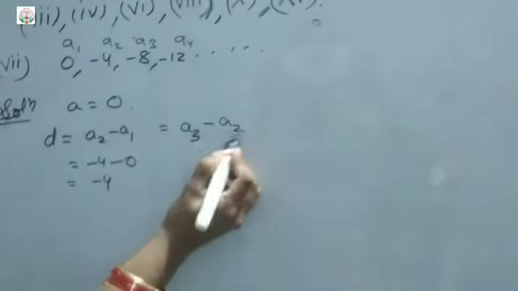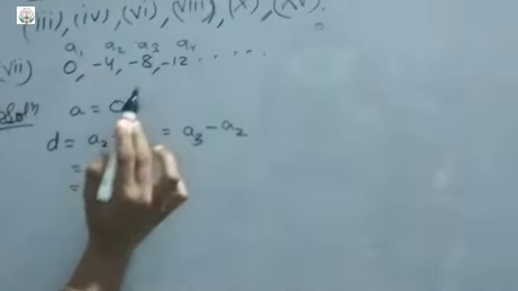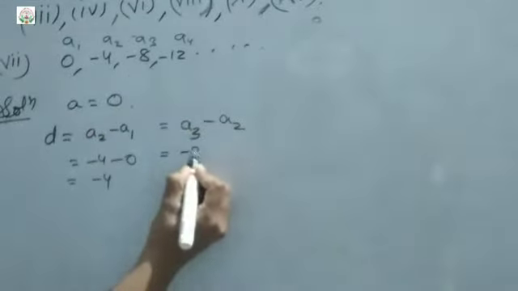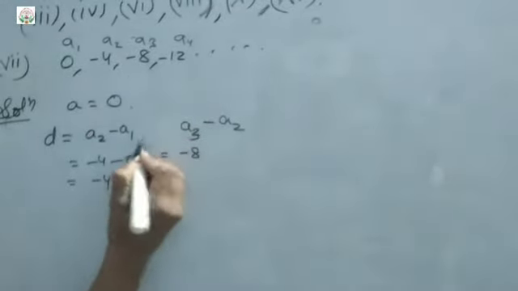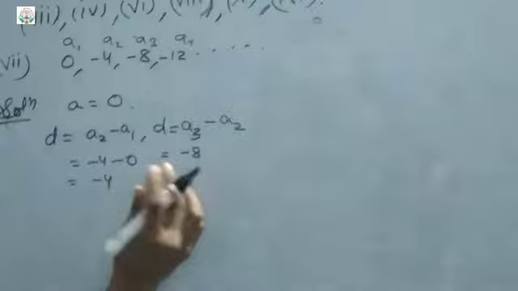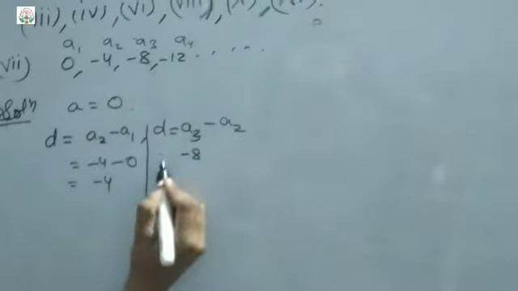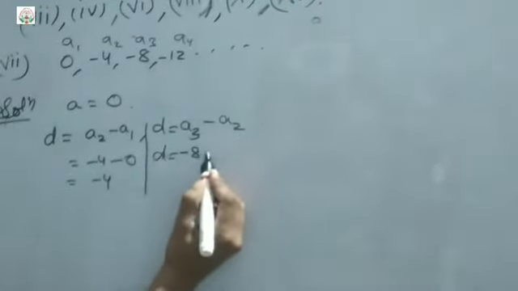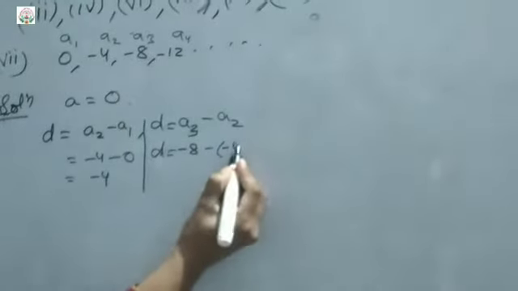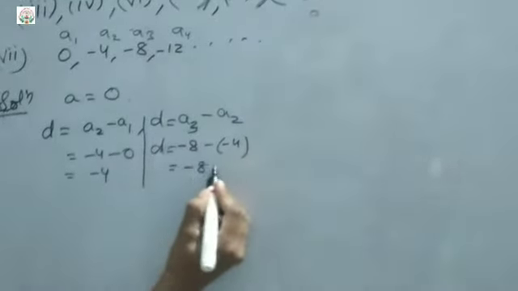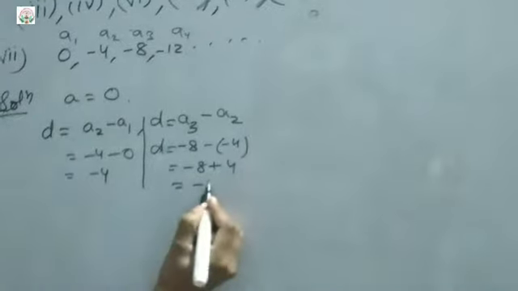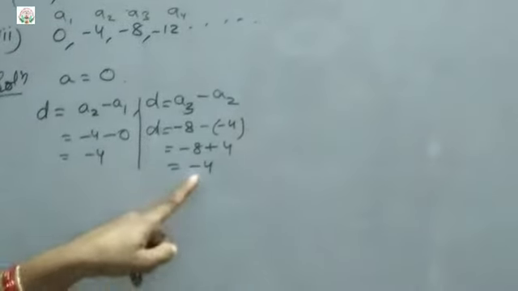Same way again, second term we will check it out. A3 minus A2 equals to, what is A3? Minus 8. Okay, here we can write again D equals to minus 8 minus of, what is A2? Minus 4, which is equals to minus 8 plus 4 equals to minus 4. So that means minus 4 in both the cases.